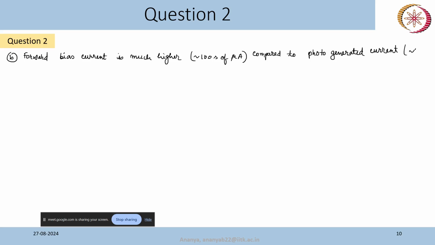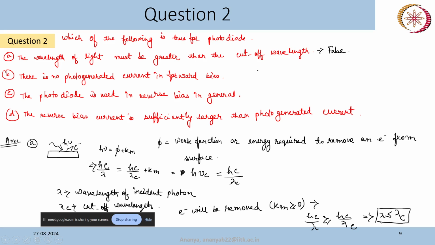So this is typically in the range of tens of microampere, right? And therefore it may not be detectable by our measurement system. Okay. So the second statement is false. It's not like there is no photo generated current, but it is not detectable actually.